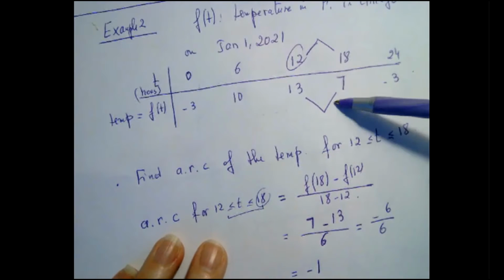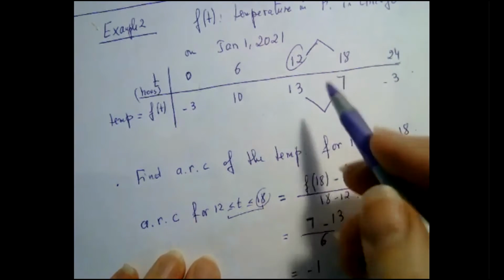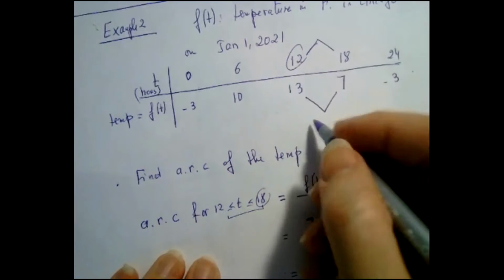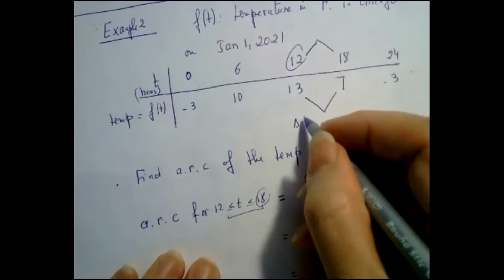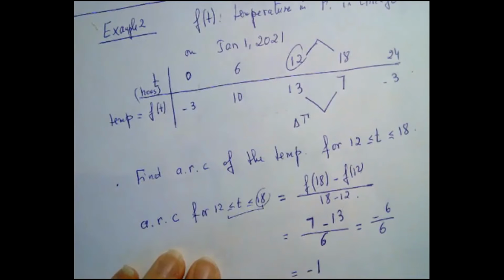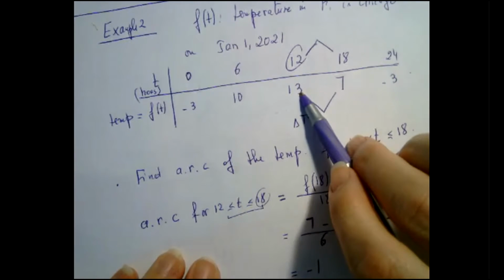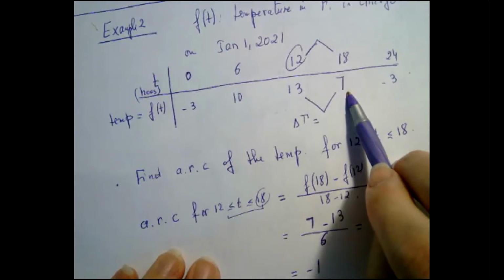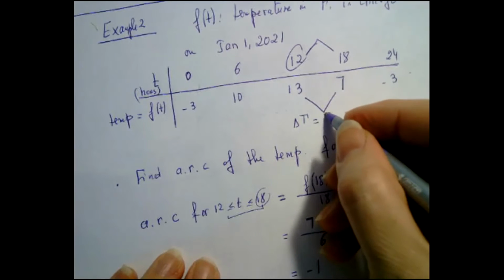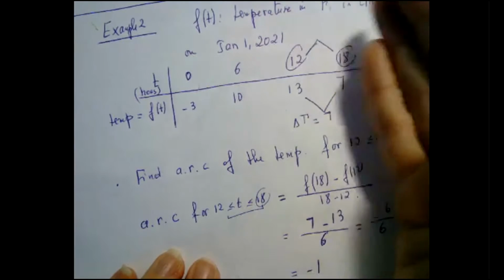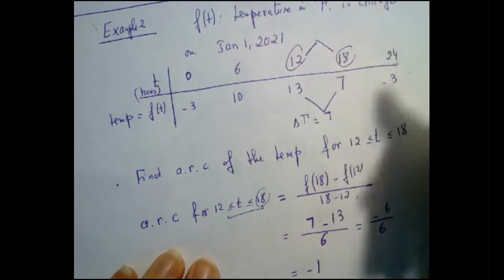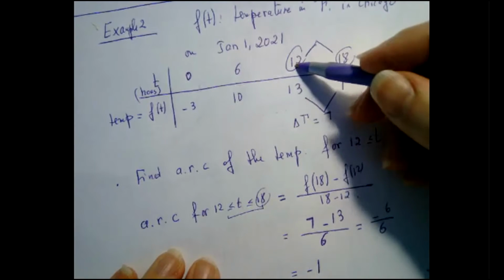And now let us understand the picture here. It means between 12 and 18, the temperature, so I'll use delta T, which stands for the change in temperature, is how much? Temperature was 13, it went down to 7. So by how much did the temperature change? It's always the value at the right time, at 18, minus 12.